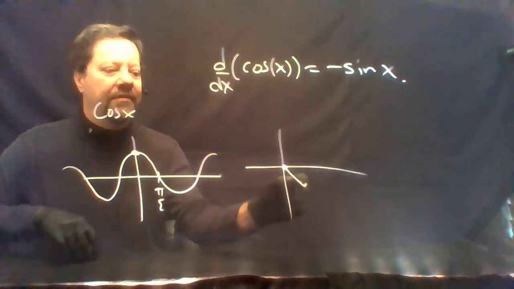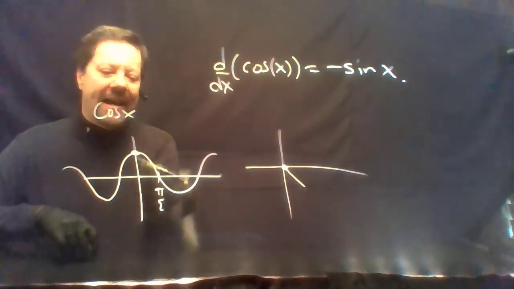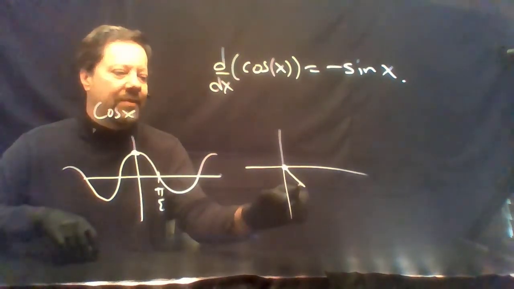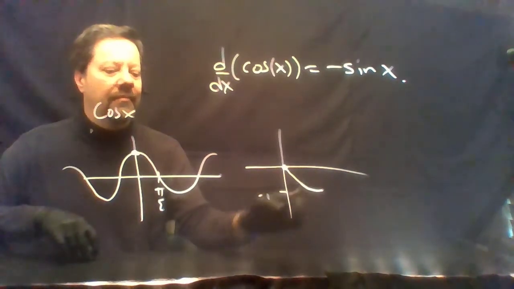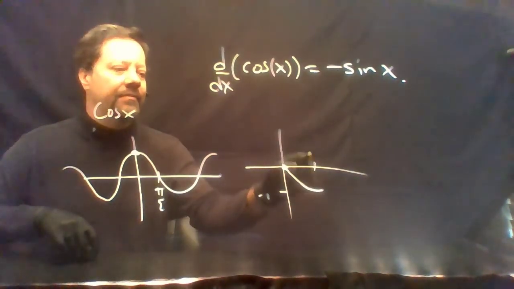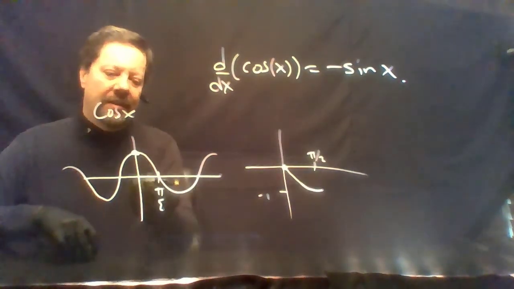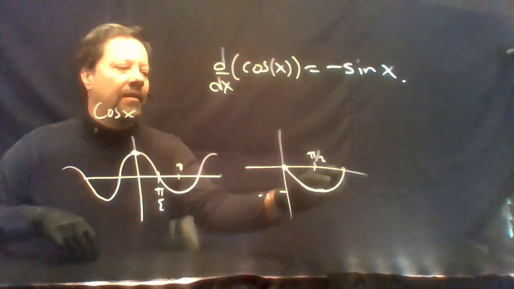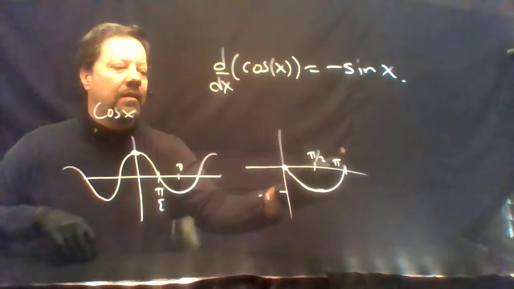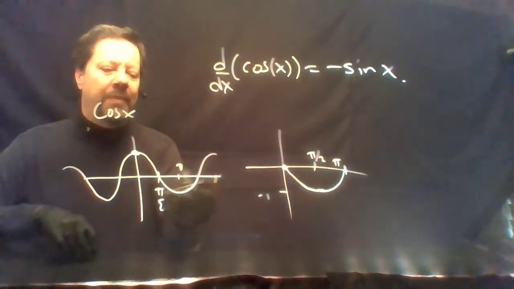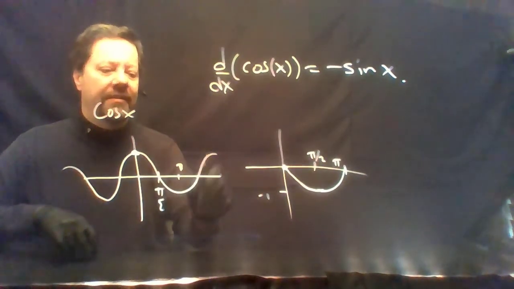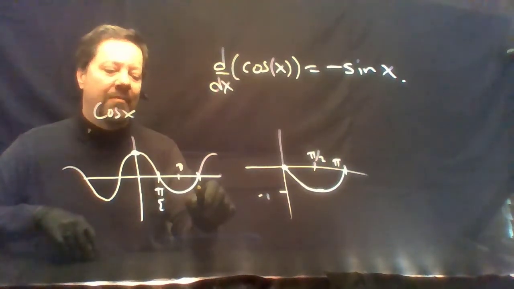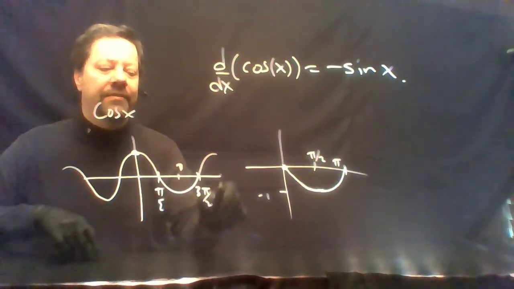They reach a maximum negative derivative of minus 1 at pi over 2. The derivatives go back to 0 by the time you get to pi. After pi, the derivatives go positive, reaching a maximum at 3 pi over 2.